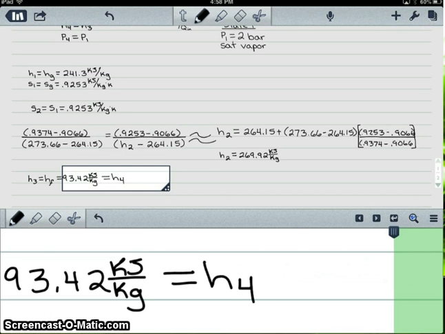Now we can solve for the work of the compressor by equation 10.4.